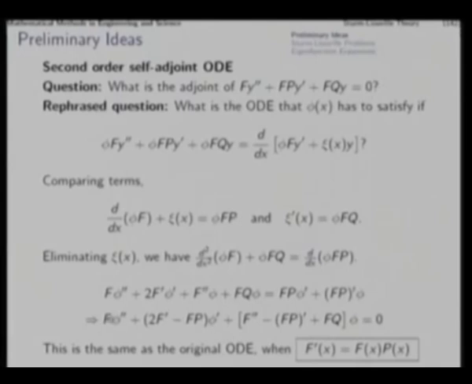But the way we derived this, we know that this differential equation is actually the adjoint of this. So, this differential equation will be its own adjoint if this condition is satisfied, that is, if F prime is equal to Fp. That means, if the coefficient of y double prime is differentiated to get the coefficient of y prime, then we have a self adjoint second order differential equation.